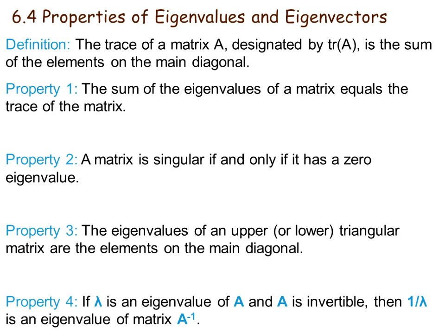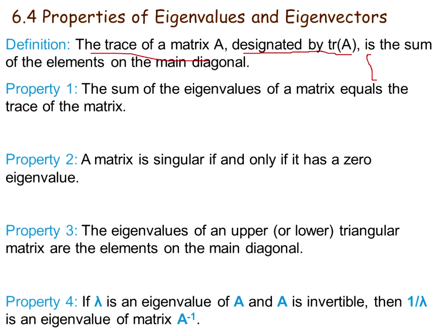So there are several properties of the eigenvalues and eigenvectors. The first property is the trace of the matrix A, designated by trace of A, is the sum of the elements of the main diagonal.